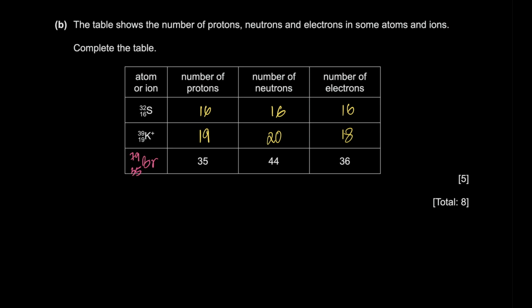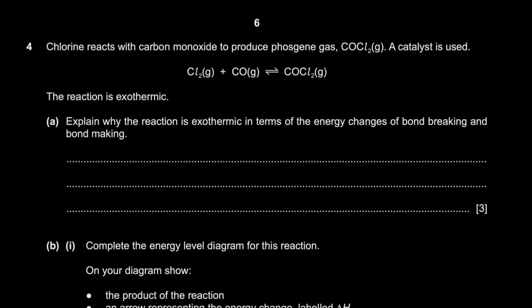And does it have a charge? Well, it should have a charge because it has 1 more electron. So negative is fine. I think we're happy leaving it like that. 1 extra electron. All right. Let's move on. This is easy. Breaking of bonds.